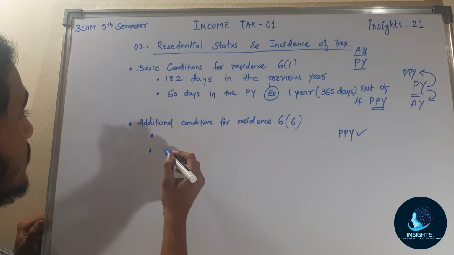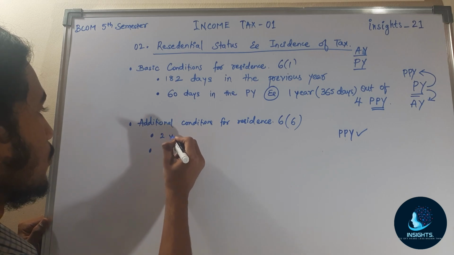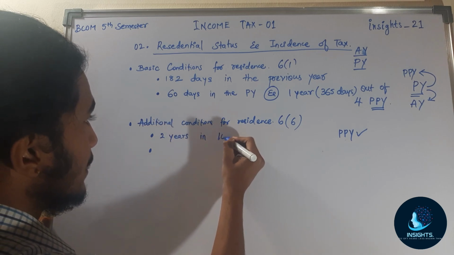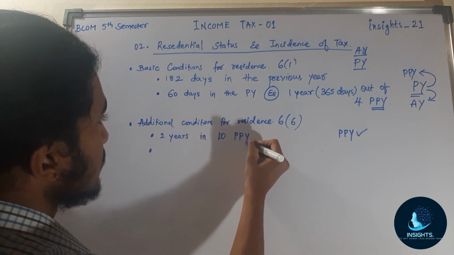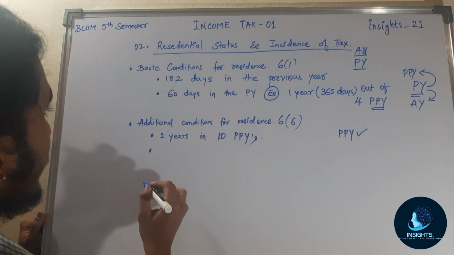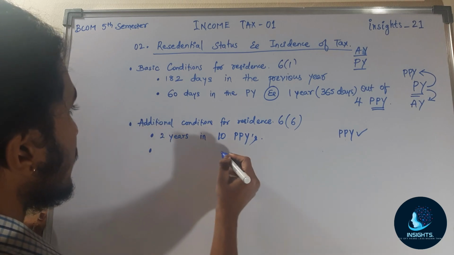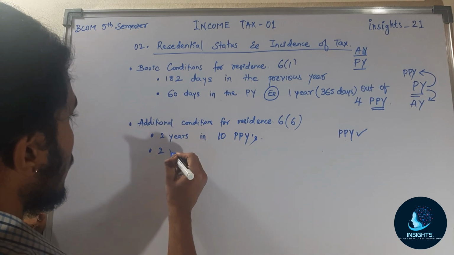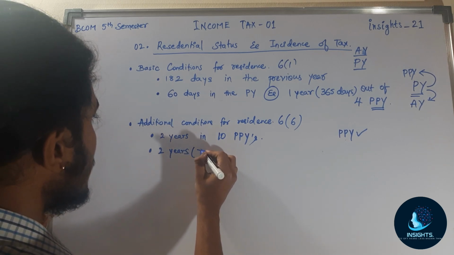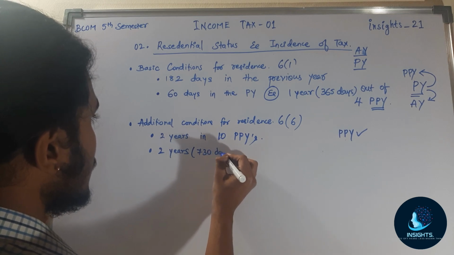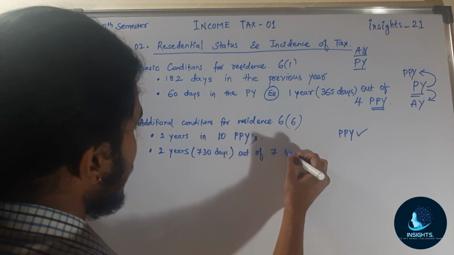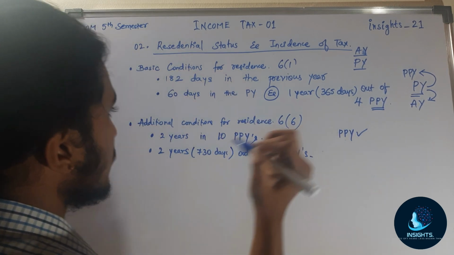A person should have stayed a minimum of 2 years in 10 preceding previous years, and it's the same, but here the number will change. A person should have stayed a minimum of 2 years, that is 730 days, out of 7 preceding previous years.